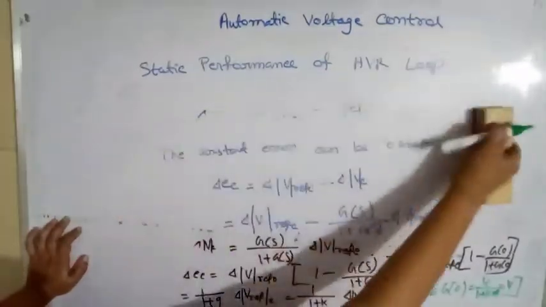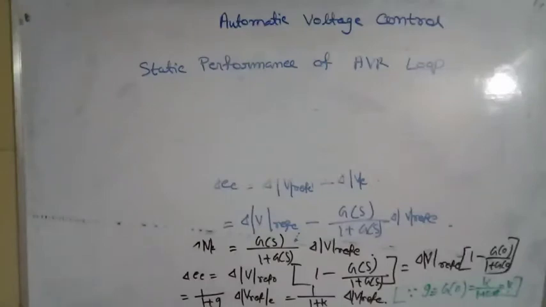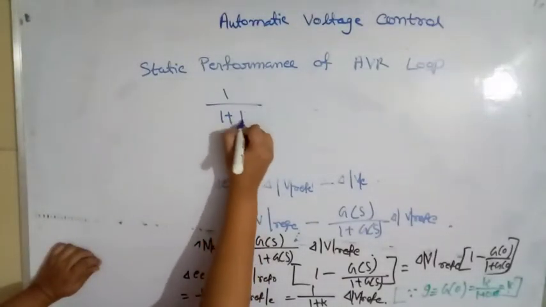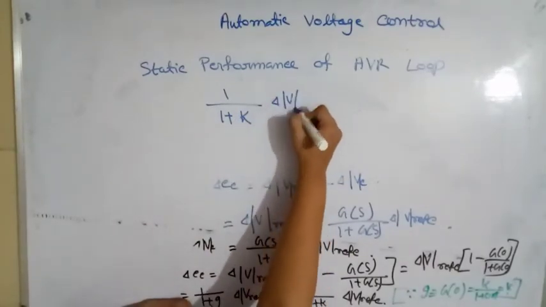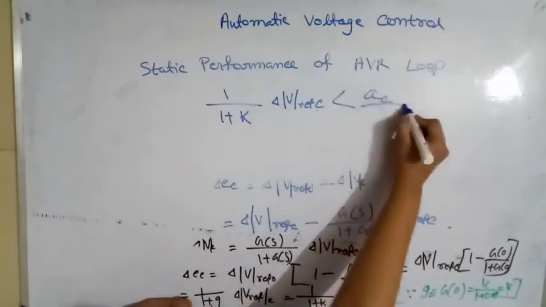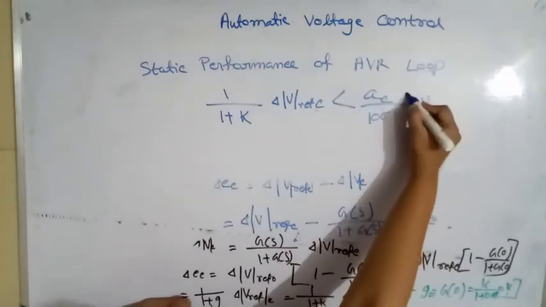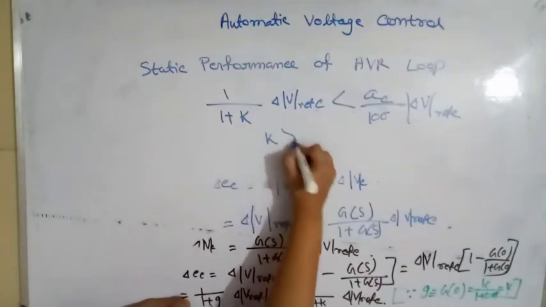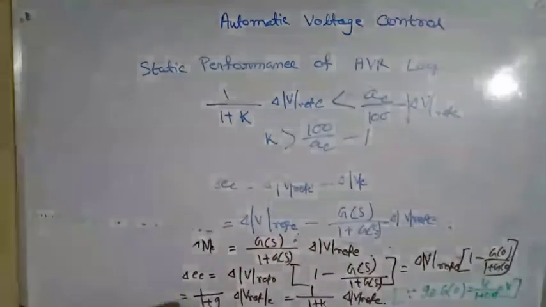So we can write 1 by 1 plus K delta V reference should be less than AC by 100 delta V reference, that is K should be greater than 100 by AC minus 1.